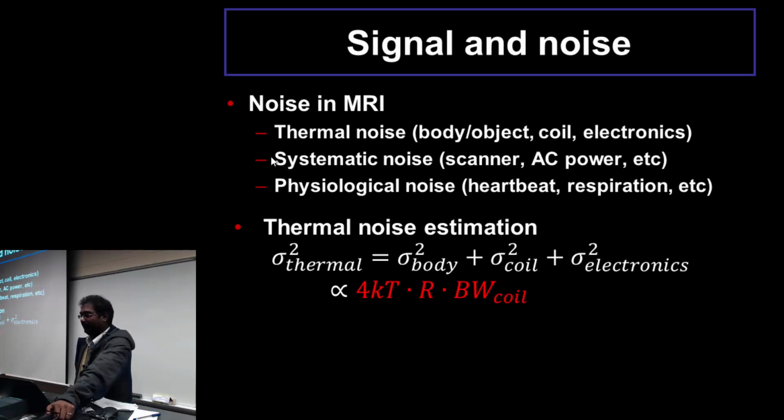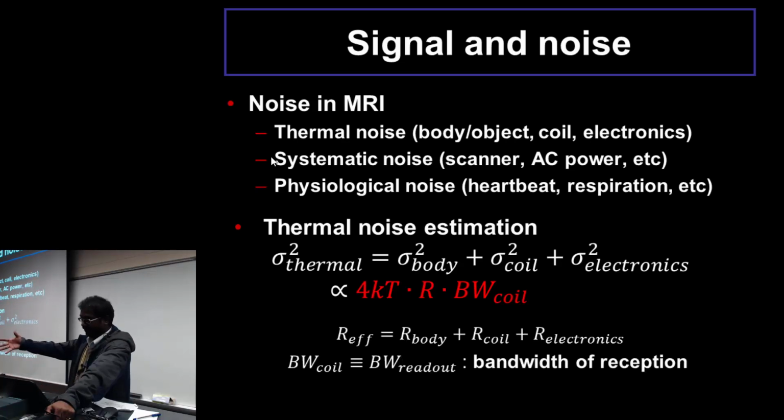So it's the summation, and it turns out that it is proportional to these 3 physical parameters, where R is your effective resistance of the coil, the BW is the bandwidth of the coil that you're reading in terms of the width of the frequencies that you're reading in, and then kT, where k is the Boltzmann constant and T is the temperature of the coil. Of course you can't change the temperature, like we said. Well, the resistance is due to both the coil resistance itself and the body loading the coil.